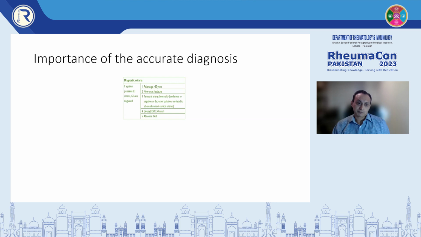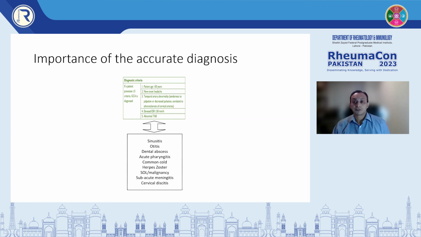This poses a major problem because a lot of conditions, like any head and neck infection or malignancies, can mimic giant cell arthritis very closely. Anyone who is above 50, if they end up having a dental abscess and the primary care physician is not looking for any other thing and they're suspicious of giant cell arthritis, the patient will be misdiagnosed.